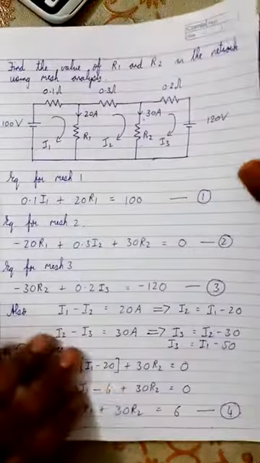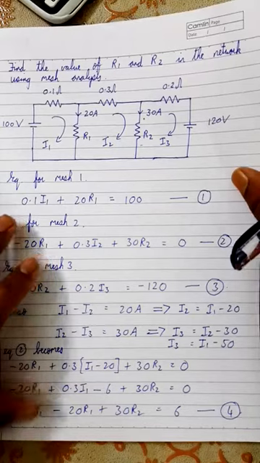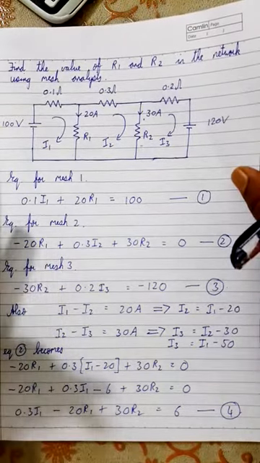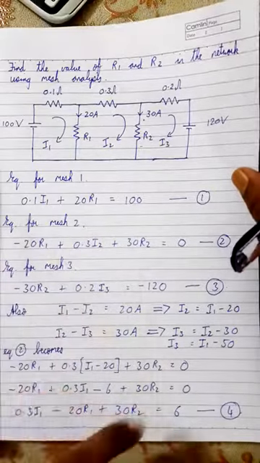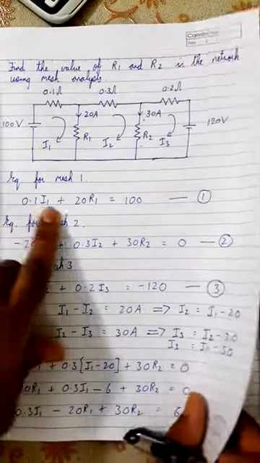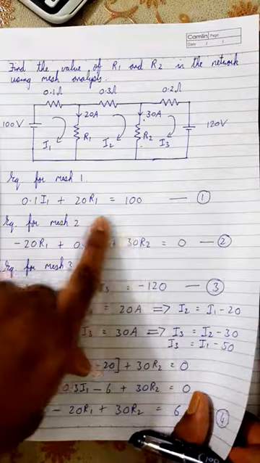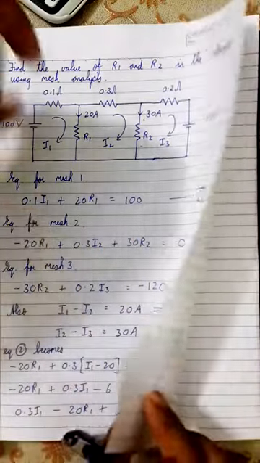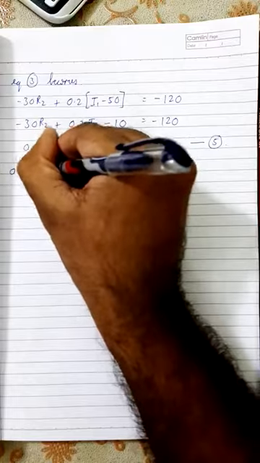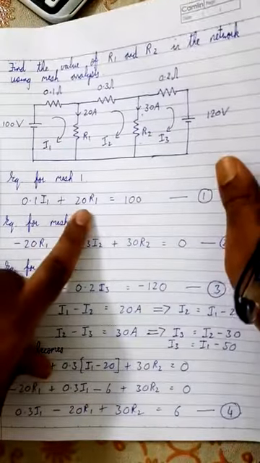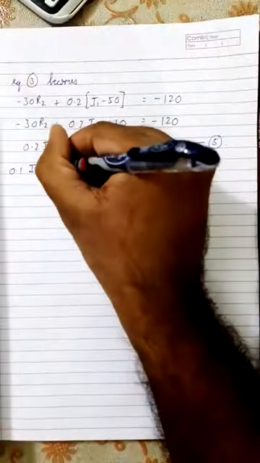Just like your normal mesh analysis, instead of I1, I2 and I3, it's going to be I1, R1 and R2. Let me write those equations again so you will be able to understand it. So it will be 0.1 I1 plus 20 R1 is equal to 100.